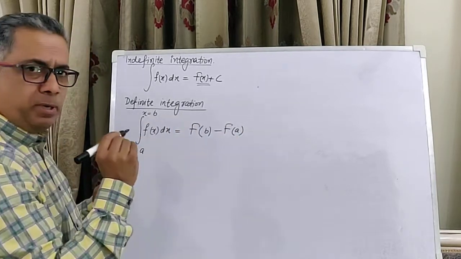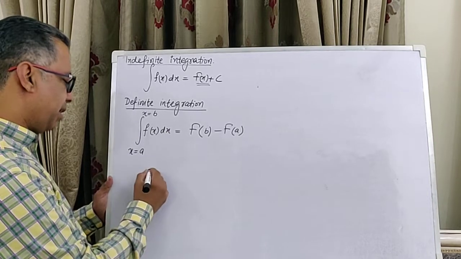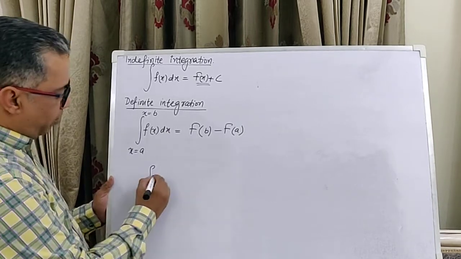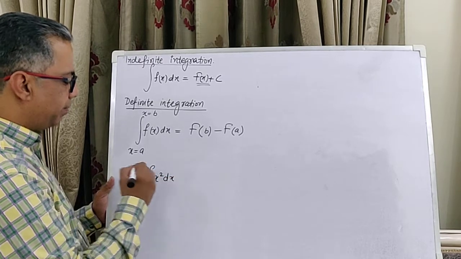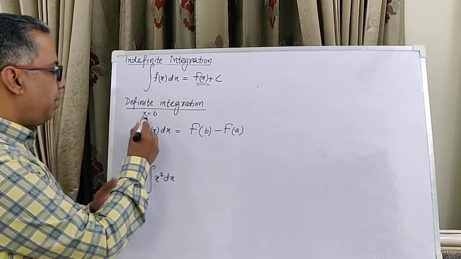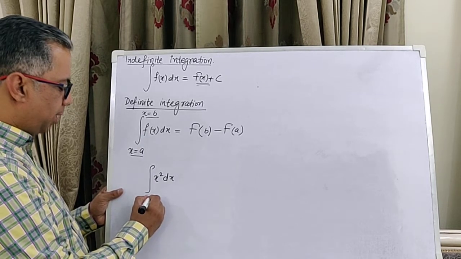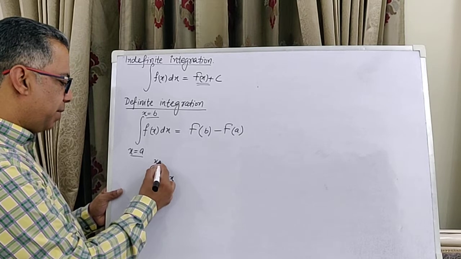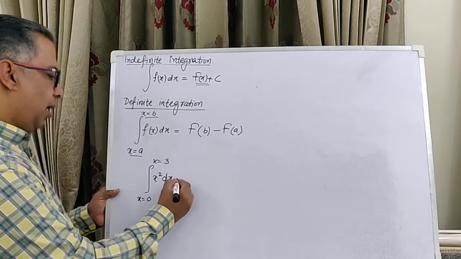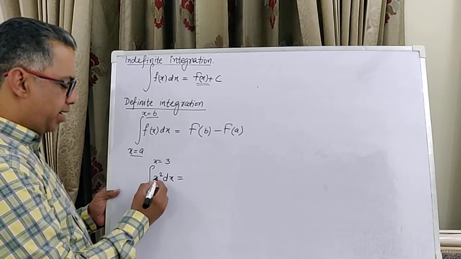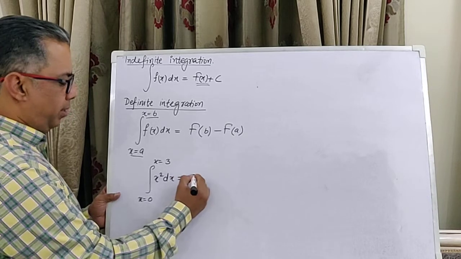How the process is implemented will become a little more clear if we take a simple example. Let's say we are integrating x square dx, and these limits of integration are from x equal to, let's say, 0 all the way up to x equal to 3. Now when you integrate x square dx, it's the formula number 1 that I gave you.